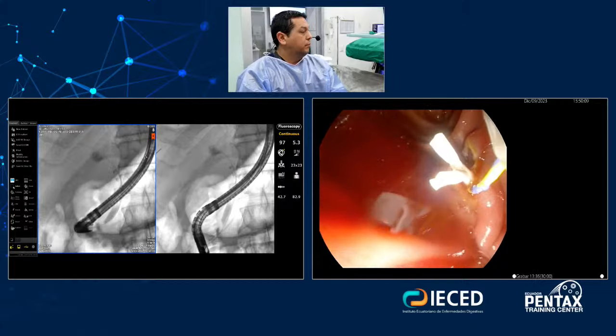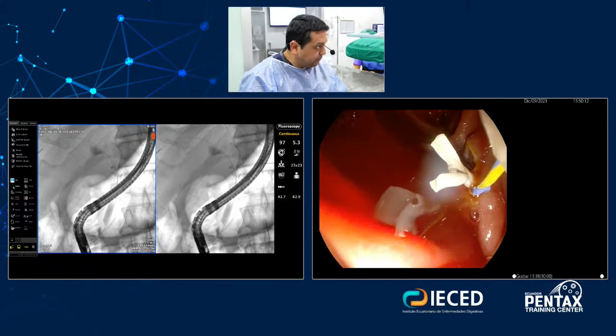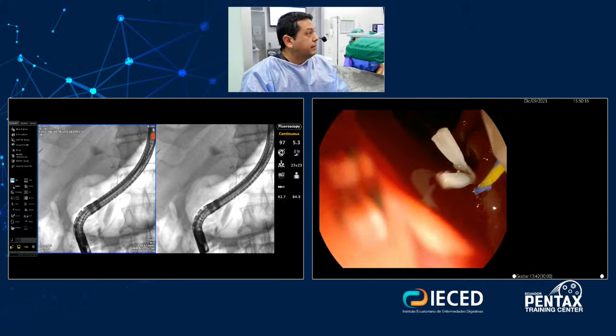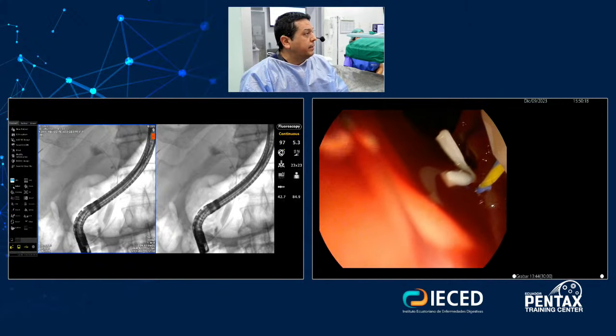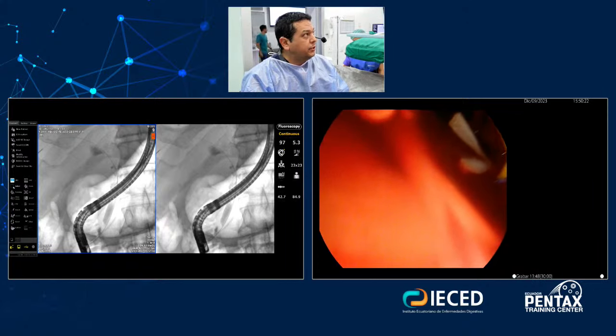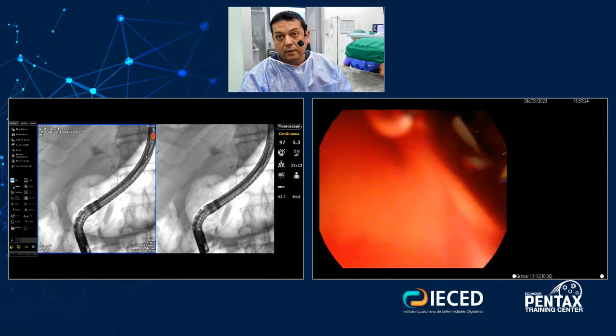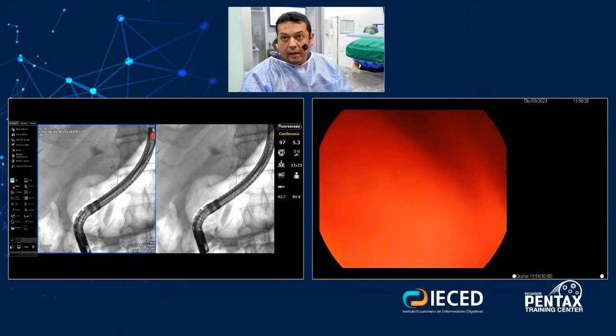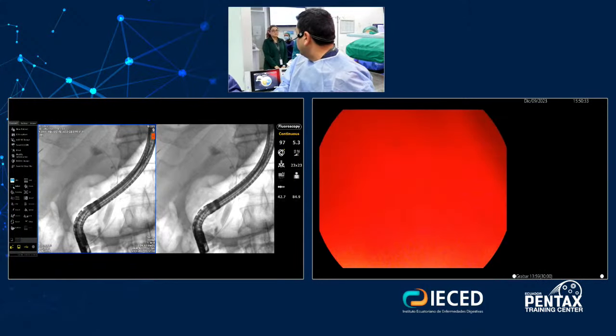I believe it will be possible to do it. So you can see the plastic biodegradable stent in the main pancreatic duct, and I believe because of the bleeding in this patient, I will use a metallic stent in the biliary tract. And what kind of stent? I believe this is very important.